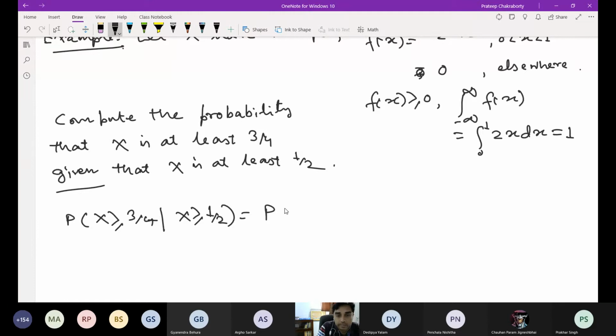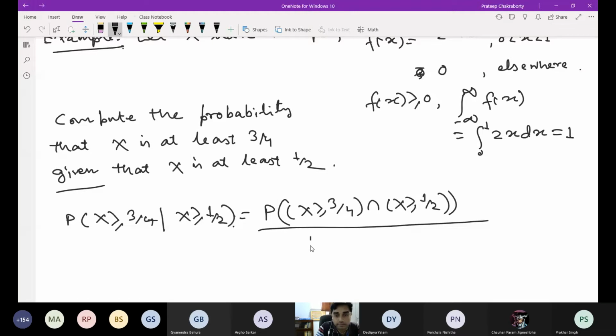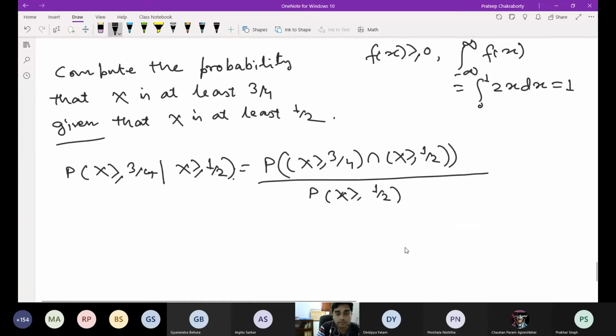Which is P(x ≥ 3/4 intersection x ≥ 1/2), by definition, divided by P(x ≥ 1/2). Now this intersection is nothing but P(1/2 ≤ x... just once again, I think I made some mistake.